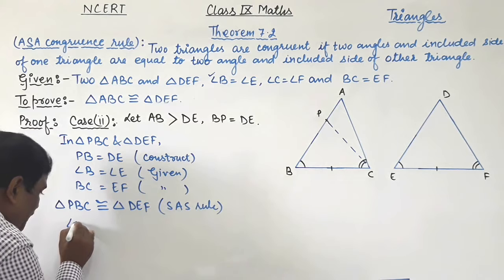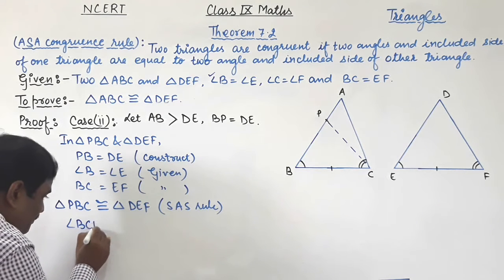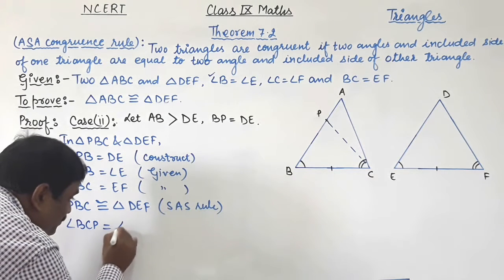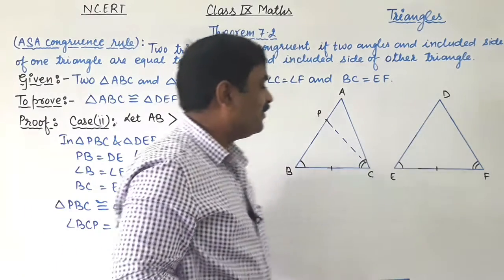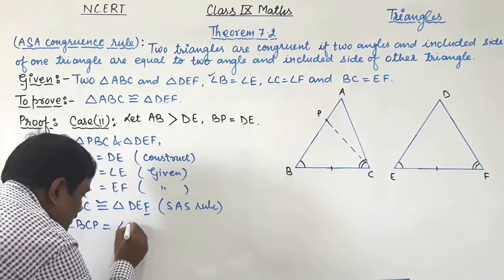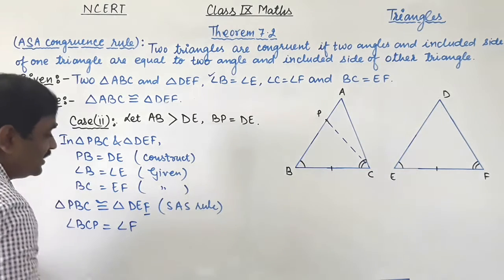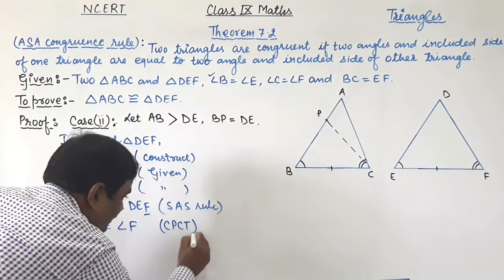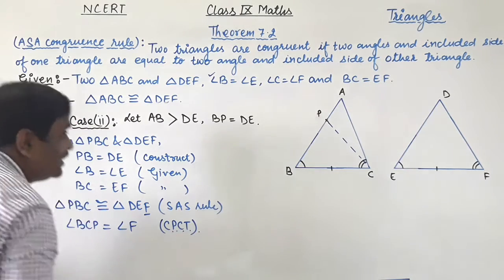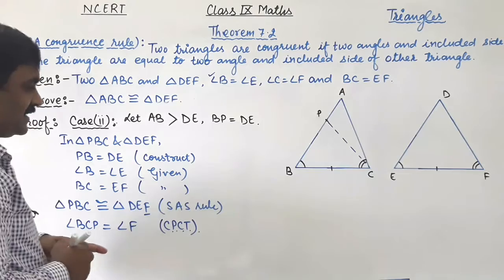Angle BCP is equal to angle F of DEF, by the rules of corresponding parts of congruent triangles. Now students, let's think about these two angles.